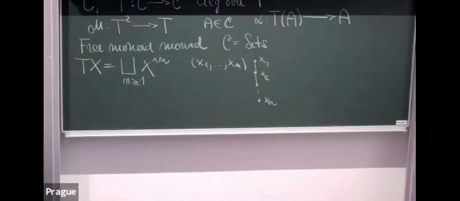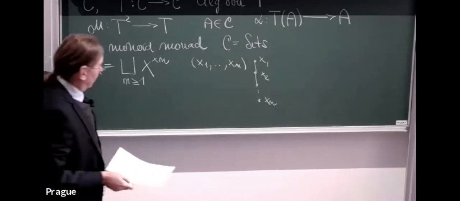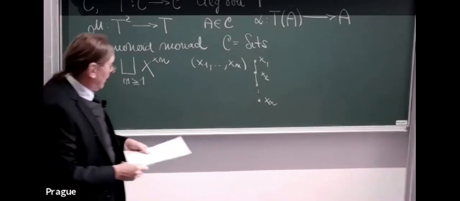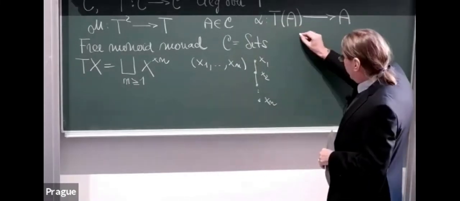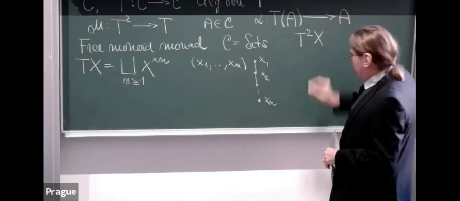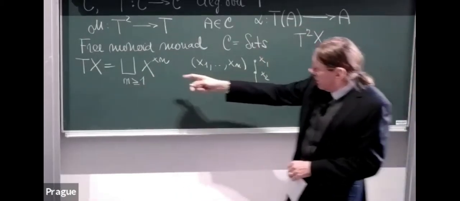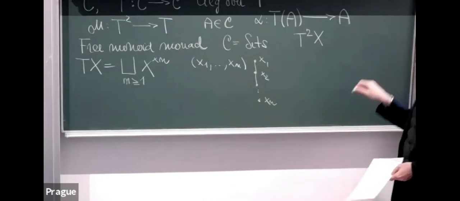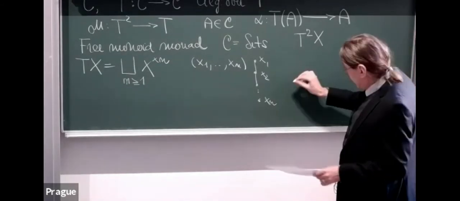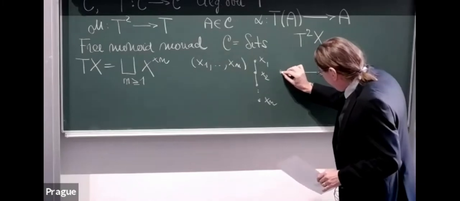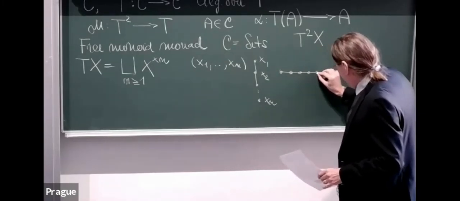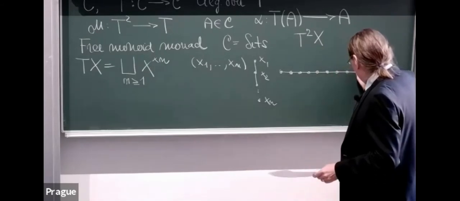This is also going to be the first example of what I would call a pasting diagram. The pasting diagram in that case is just a line, or a couple of intervals. And how may I think of T squared X? This is the same kind of thing where instead of X, I have TX. I'll draw it horizontally because I don't have enough room on the board. I can visualize this as nested intervals of dots.